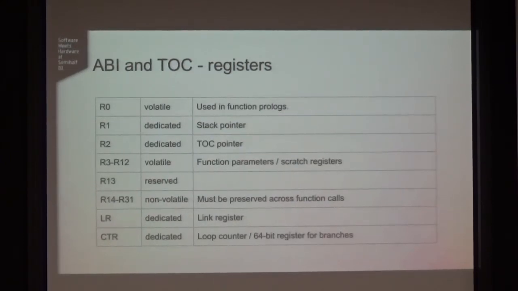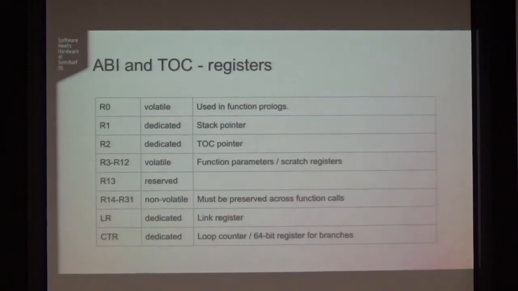R2 is something called the TOC pointer. TOC is something that is specific for PowerPC 64. It's called a table of contents. It's a type of a dictionary very similar to the virtual function tables found in C++, which is responsible for the dynamic relocation of the function and for performing function calls for position-independent code.